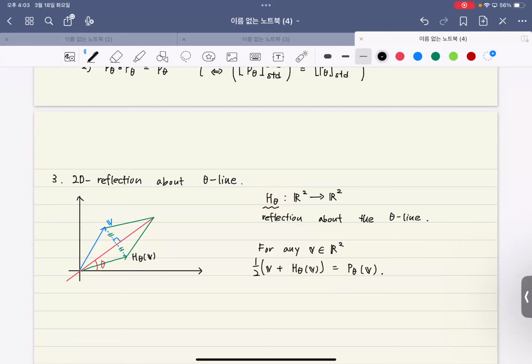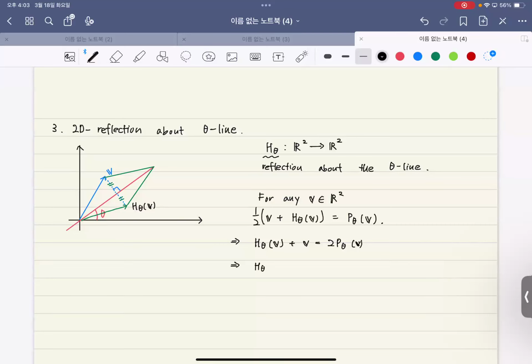So V plus H theta of V is 2 times the projection. Then H theta of V is 2 times the projection minus V. This is P theta minus identity, everything followed by vector V. This final equality is true for any vector V, and therefore the only possible explanation is that this linear transformation is always the same as 2 times the projection minus the identity.